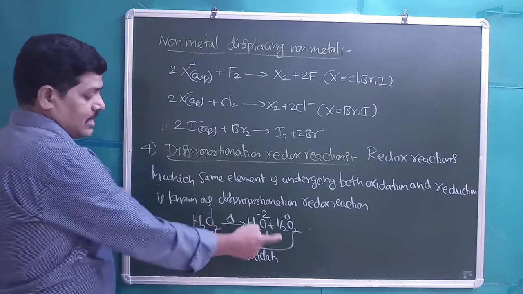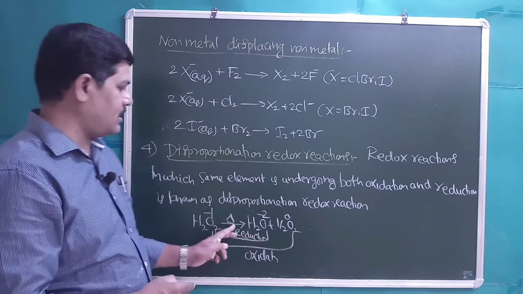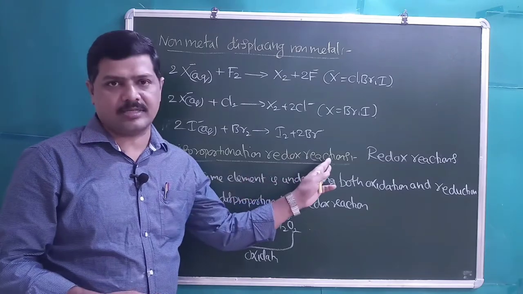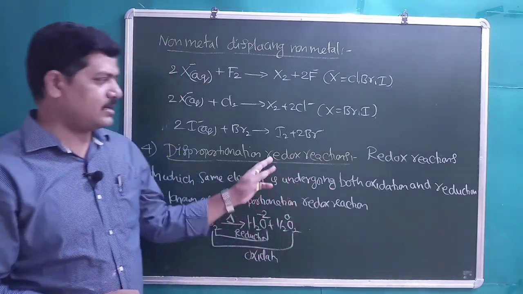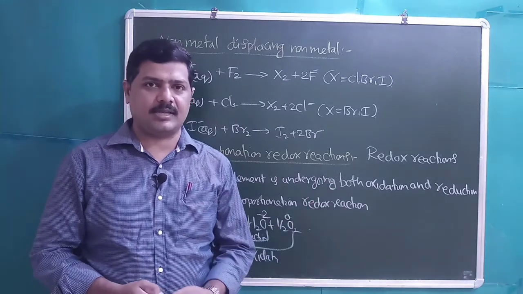So the same element is undergoing both oxidation and reduction, which is called a disproportionation redox reaction. Students, let us take some more examples.